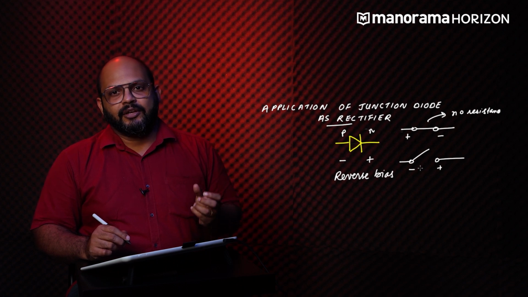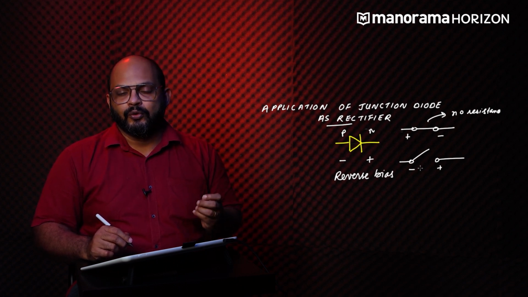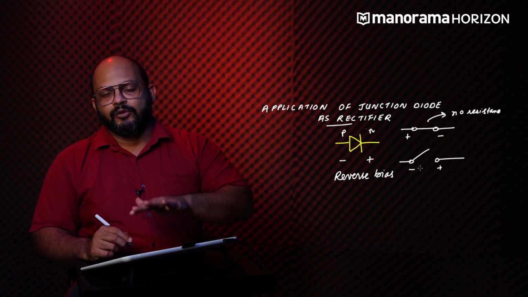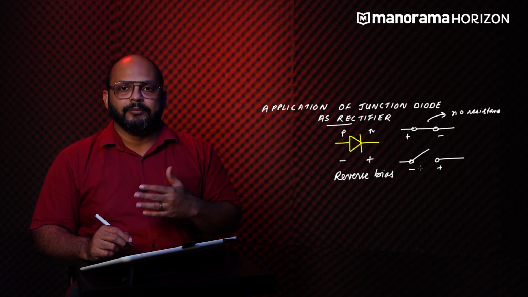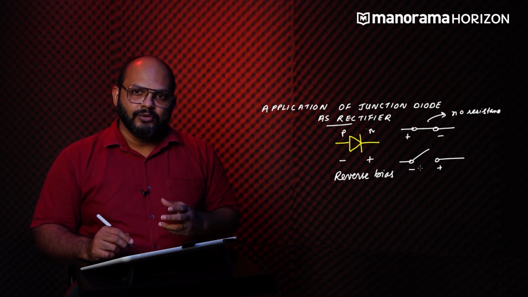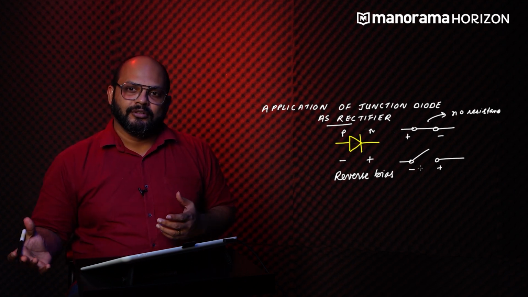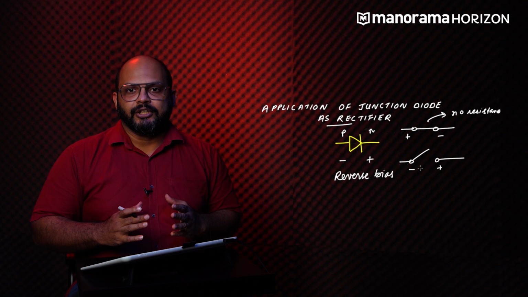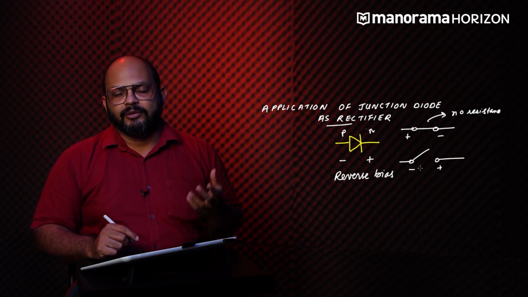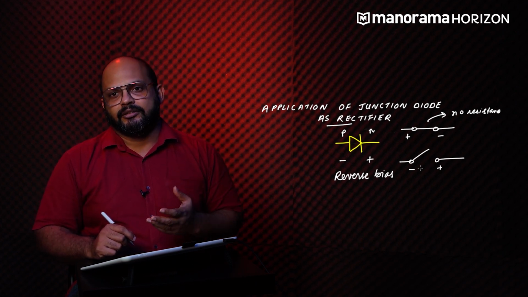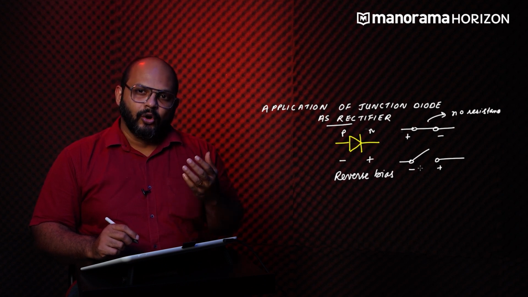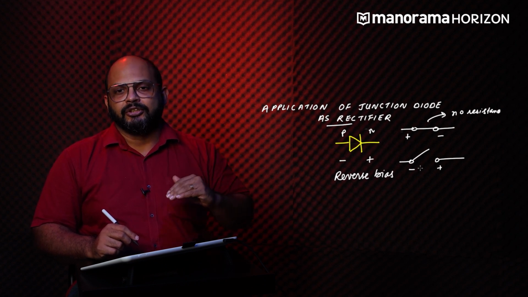So what we have here is a device which is allowing current to flow only in one direction. If you reverse the direction of the voltage, there will be no current. And we can use this property in order to convert an AC signal into a DC signal. The reason we need rectification is that in most places, the power grid works on alternating current. And as we have already learned, alternating current is changing its direction constantly.